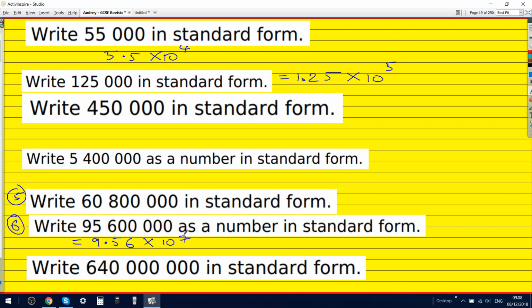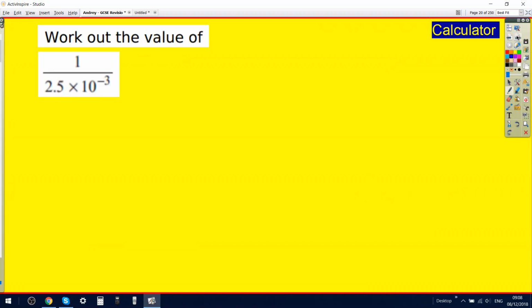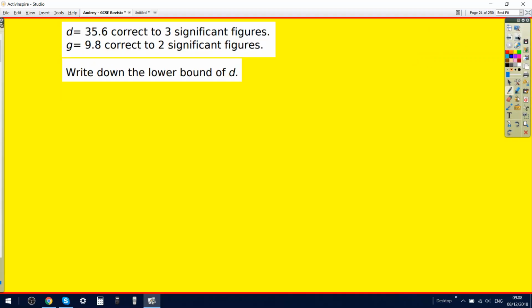And question 5, the one over: 6.08 times 10 to the 7. Yeah, you're good there. This one, you just stick it in your calculator. Do you think you're okay for it? Yeah, I'll be fine. I don't really have a calculator now, but I'll be fine. I think you'll be okay.